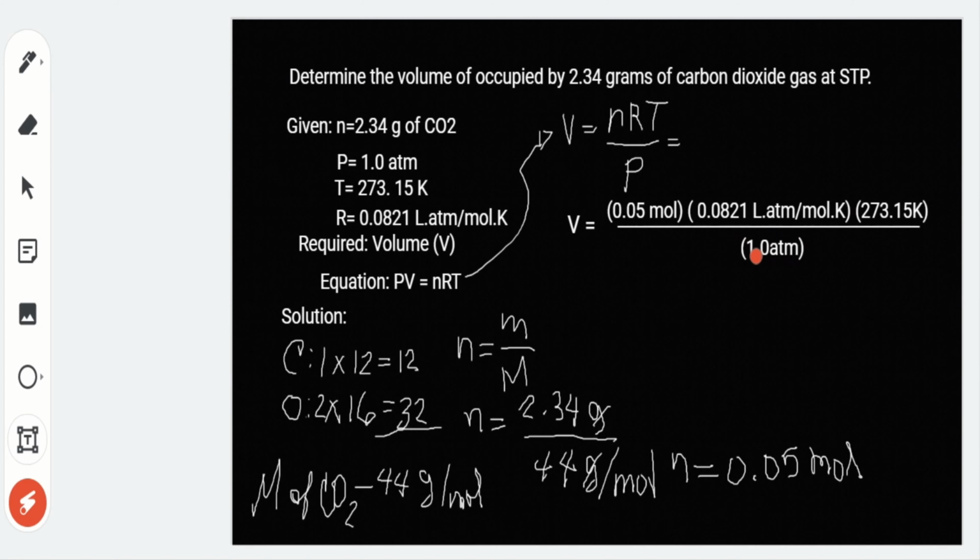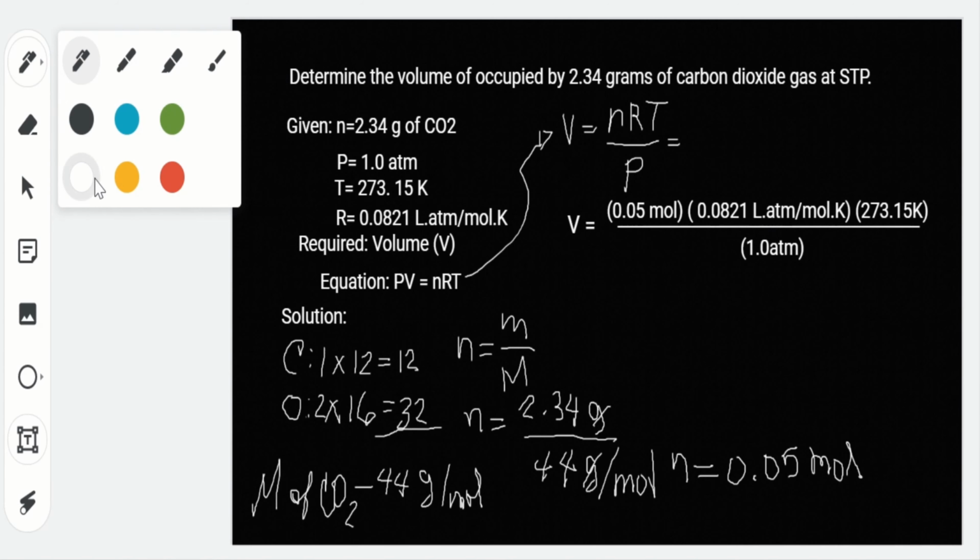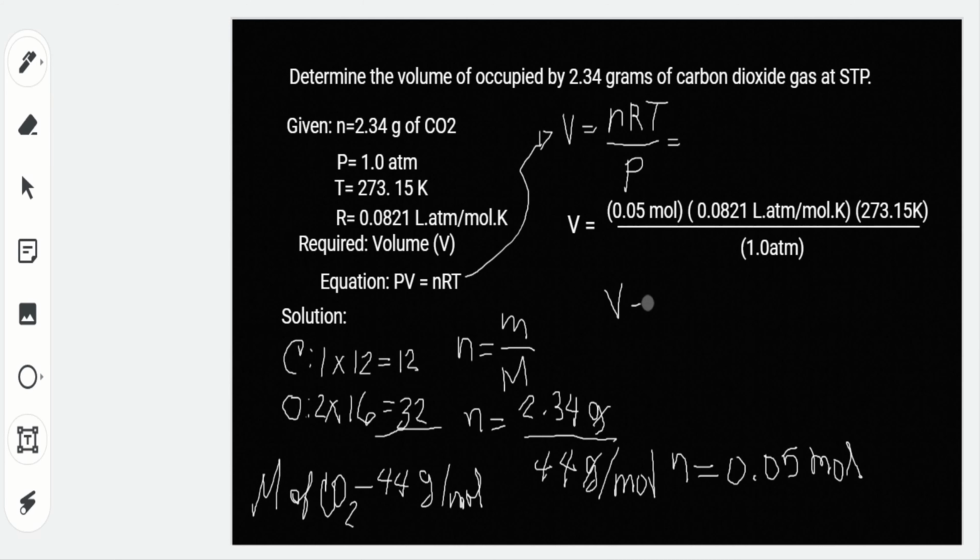So we don't have any problem here kasi 1 atmosphere naman. So let's just get the product here. Okay, so if we get the product here, 0.05 times the universal gas constant, 273.15, and then divided by 1.0 atmosphere, our volume is equal to 1.1.